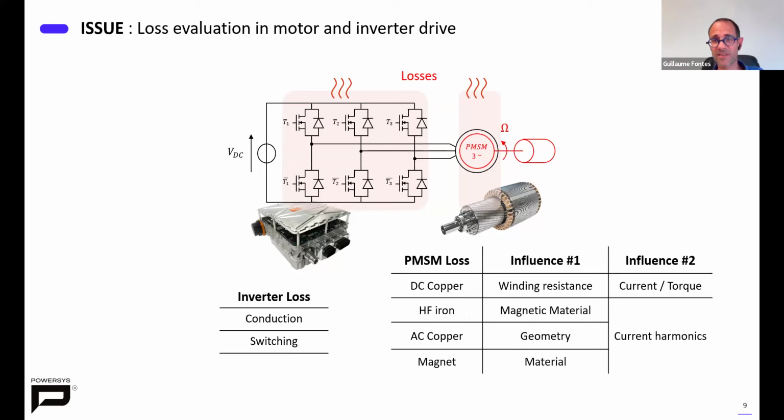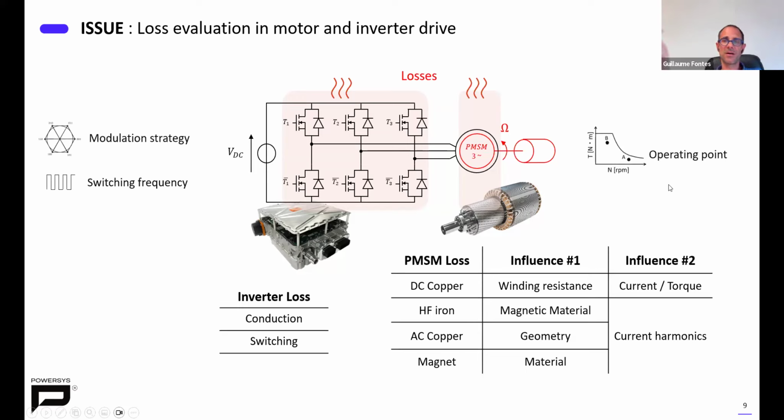For example, what is happening with different operating points, such as one at low torque and high speed, and one at high torque and low speed. And also, how can we predict the influence of parameters such as the modulation strategy or the switching frequency?